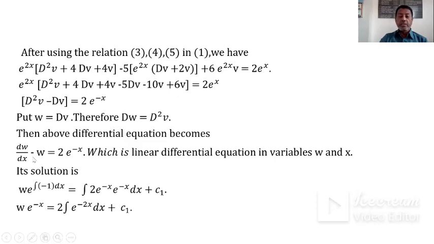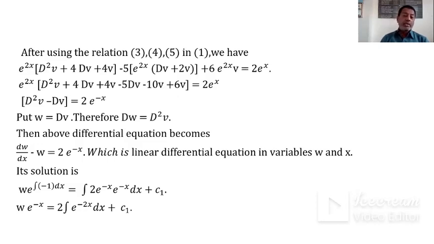If you compare with the standard linear differential equation dy/dx + p(x)y = q(x), then its solution is y·e^(∫p(x)dx) = ∫e^(∫p(x)dx)·q(x)dx + c1. We have seen this in a basic class.